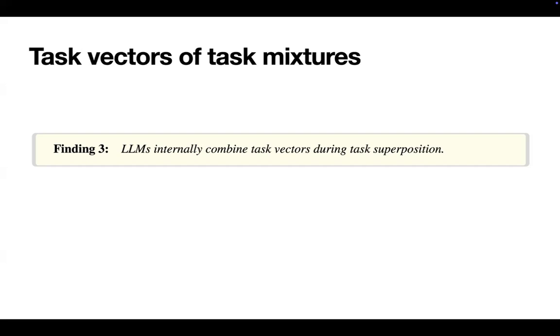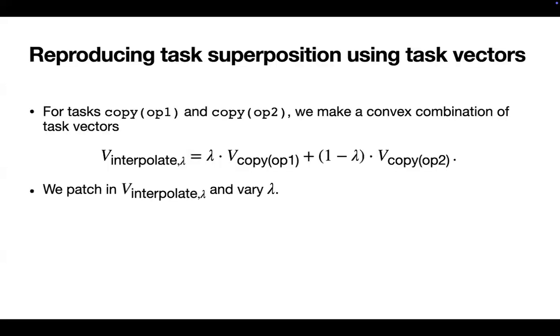Given this, we know that LLMs internally combine those test vectors. We wonder whether we can reproduce this test superposition by just convex combining those test vectors manually. So we did that. Say we have test copy operand 1 and copy operand 2.